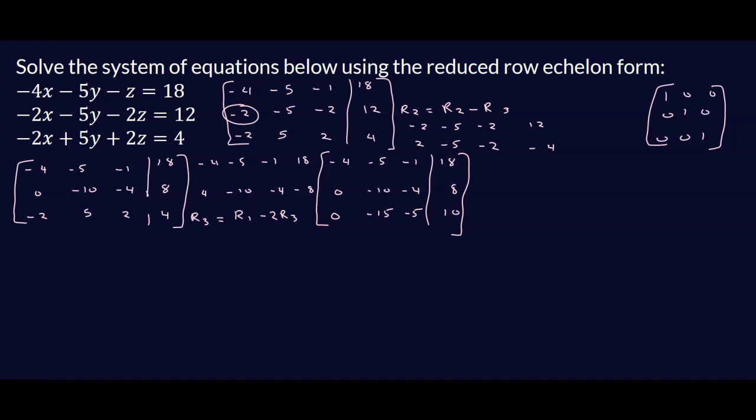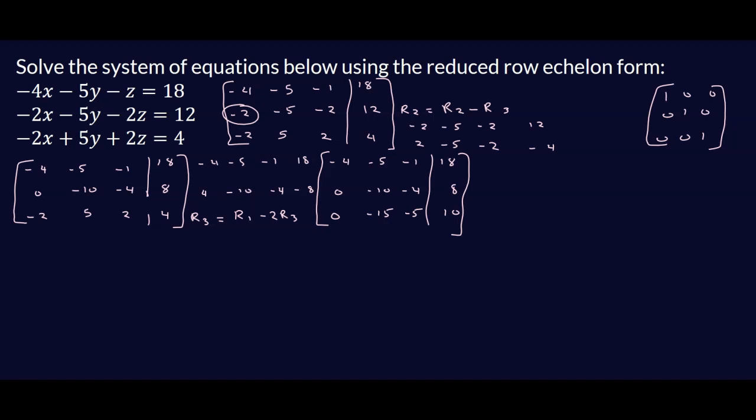So the next thing we're going to do is figure out how to get rid of this negative 15 here, because we need only a value right here. We have a few choices, but we could divide everything through by 5, but that's okay.